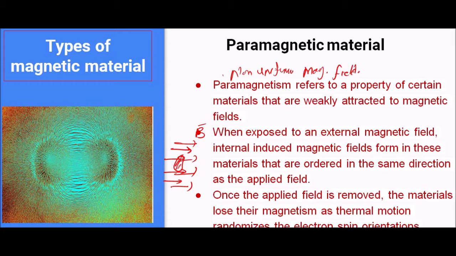If we place the diamagnetic material into the magnetic field, it will start moving towards the region which has a lesser magnetic field, and in the case of paramagnetic material, it will start moving toward the stronger magnetic field.